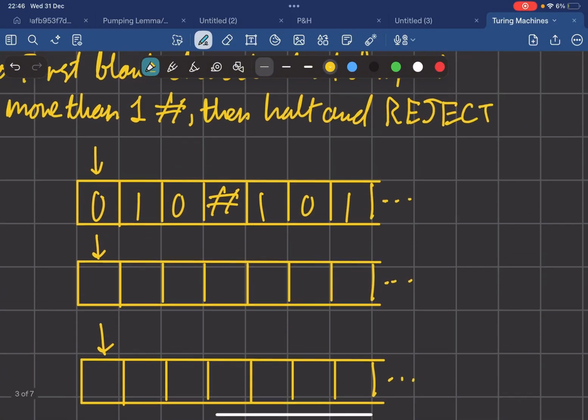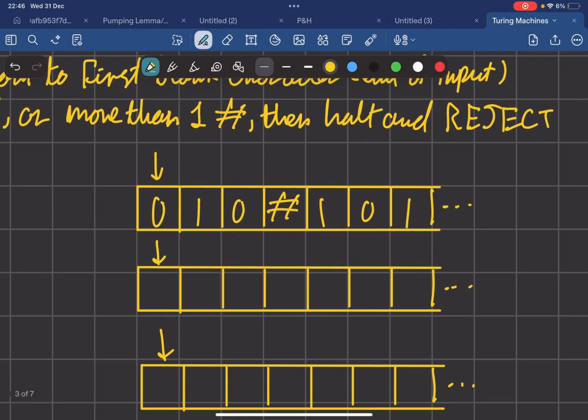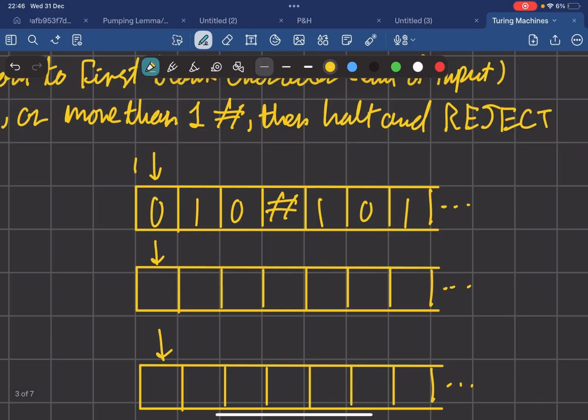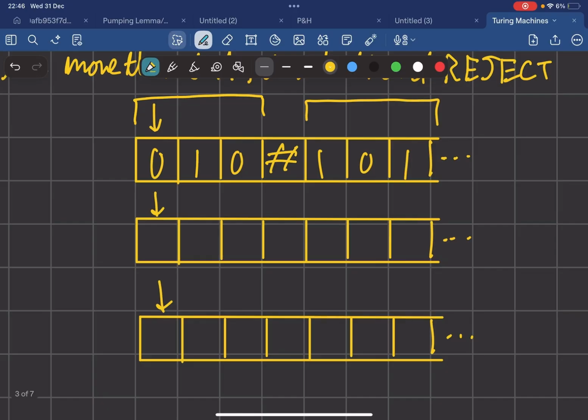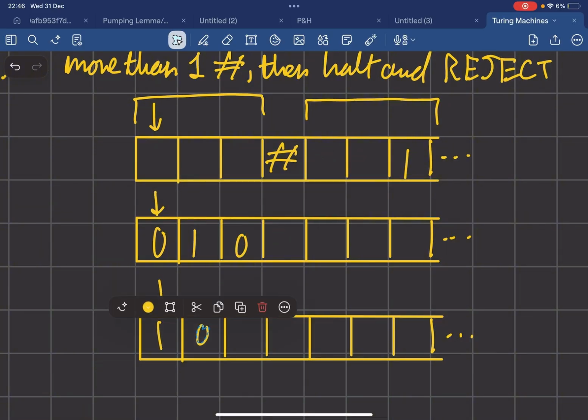What I'm thinking of doing is putting W and X on separate tapes. So this is W, the part up until the hashtag, and this is X. We could put these onto separate tapes, and that will make it a bit easier to write out the proof. So we could write a step to move this onto the first extra tape, and move this over here. And we could do that easily.